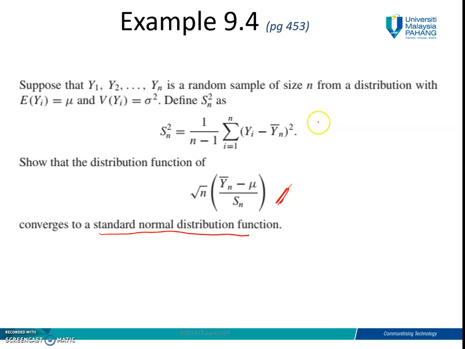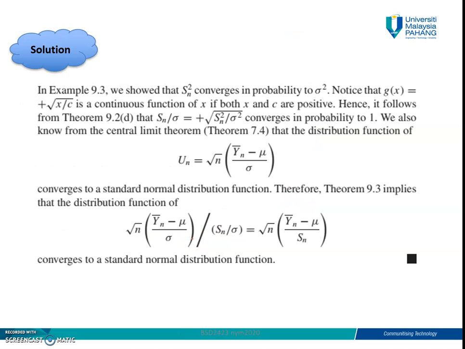So you have this S squared, which we know is the sample variance, and we want to show this distribution converges to standard normal. How?